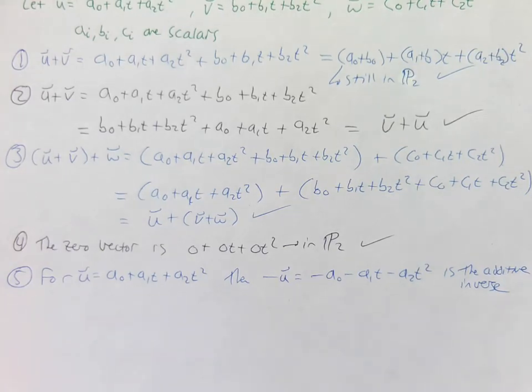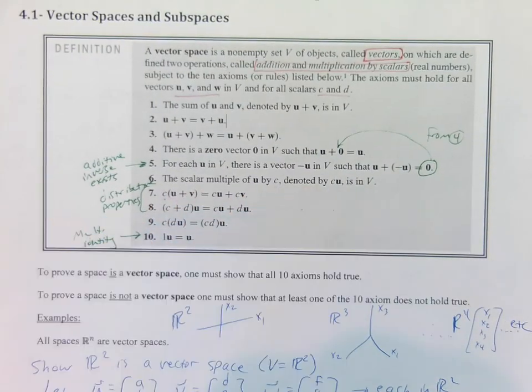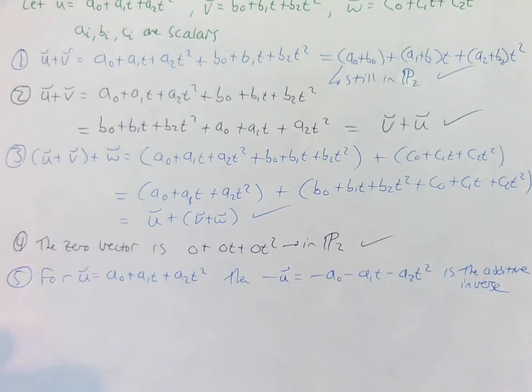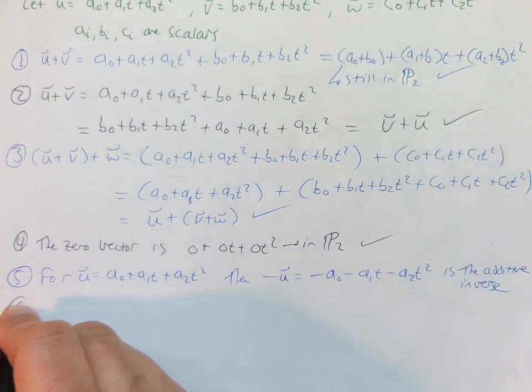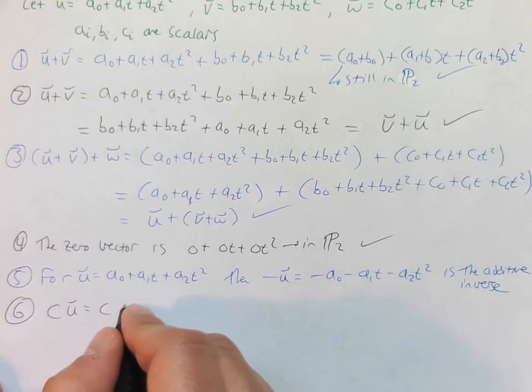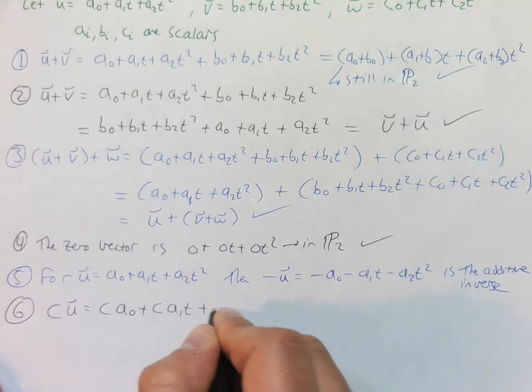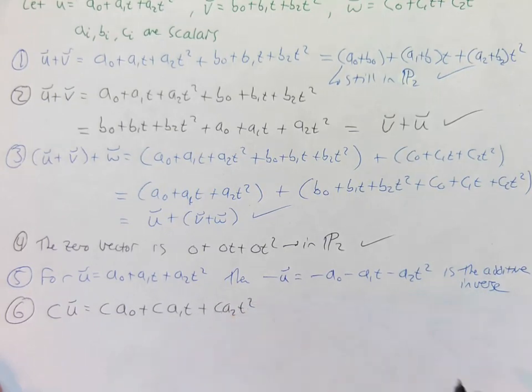Number 6 says we need to have the space closed under scalar multiplication. So let's multiply by a scalar and see that we stay in the space. And so number 6, let's multiply c times u. So c times u is going to be ca0 plus ca1t plus ca2t squared. And we can just relabel this as a new a0, like a0 star. This is some new a1 star.